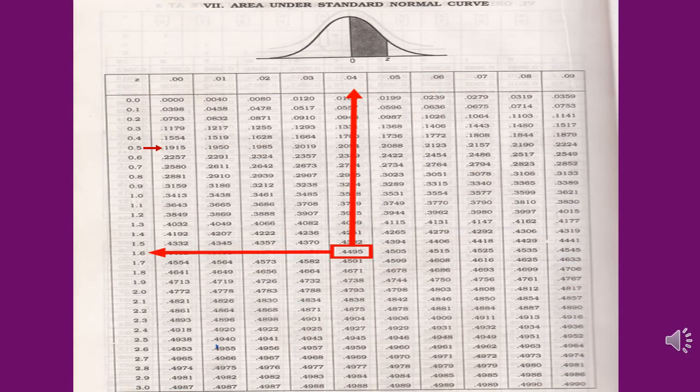Then we will go to 1.64. The 1.6 you can get from the Z value, then you go to find the 0.4 in the other value, 1.64, and then you are getting 0.4495.